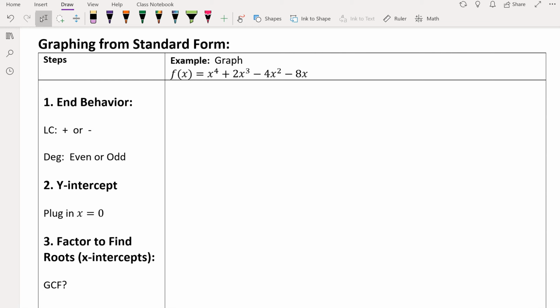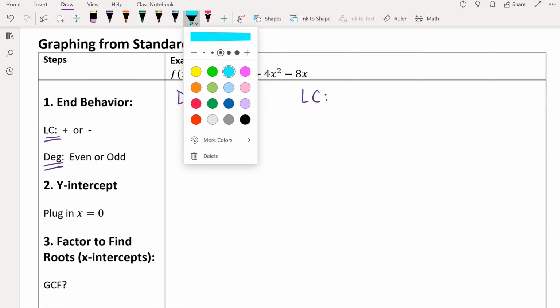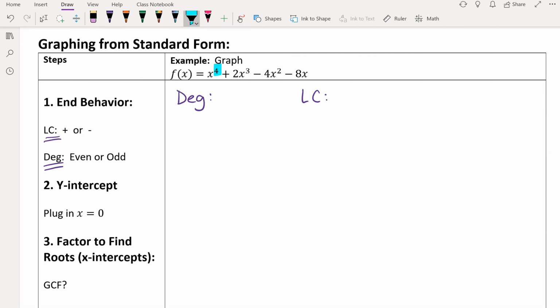Okay. So we are going to start with the end behavior, and there's two things that you need to know in end behavior: the leading coefficient and the degree. So the first thing I'm going to do is write degree, and leading coefficient, LC. The degree is going to be your highest exponent. So the degree is 4.